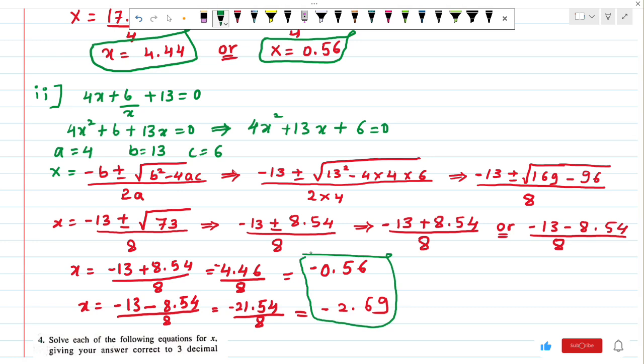I hope the second question is clear for everyone. We will move to the third question. Before that, I'll insert some space over here.